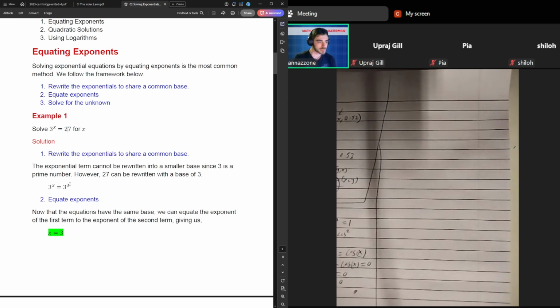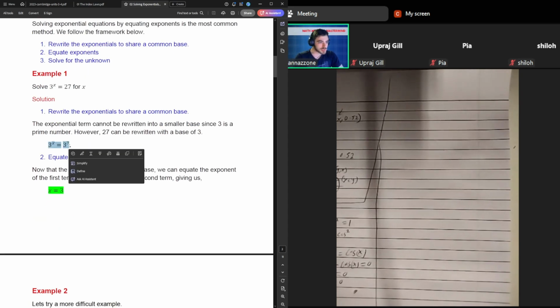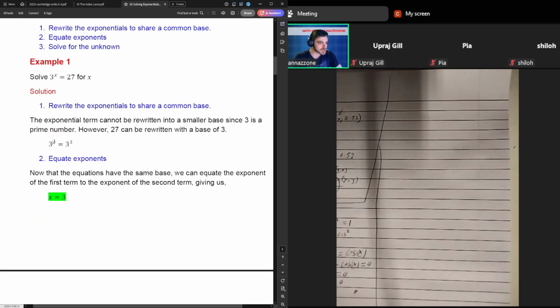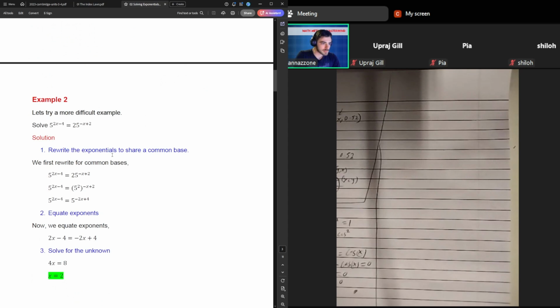So 27, if you were to rewrite that as a base and power, is 3 to the power of 3. When you're looking at both sides of this equation, you can even just visually observe that if the bases are the same, then the only thing that matters at this point is the powers. So in this case, x would have to equal 3, then you would have 3 cubed equals 3 cubed. You can almost do that by observation.